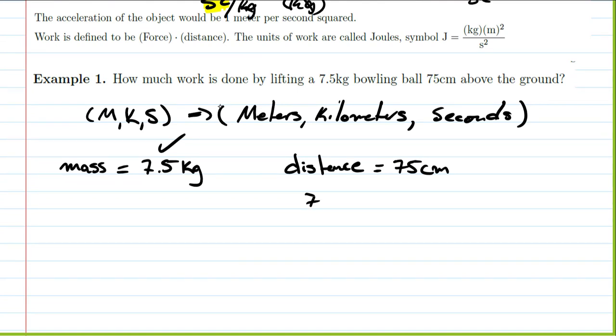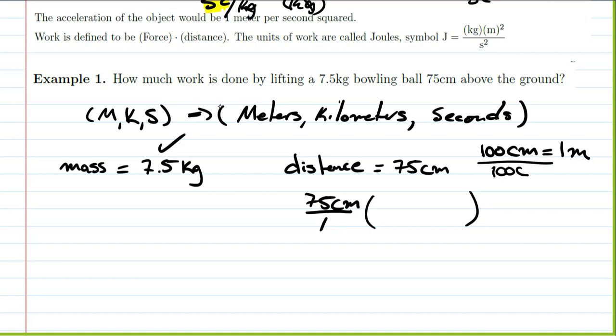So how do we convert something from centimeters to meters? There are a bunch of different ways to do that. The way I prefer is I'll make a unit fraction, and we need to know the conversion. 100 centimeters is equal to 1 meter. We create a unit fraction by dividing both sides of that by 100 centimeters, so 1 meter over 100 centimeters is equal to 1.